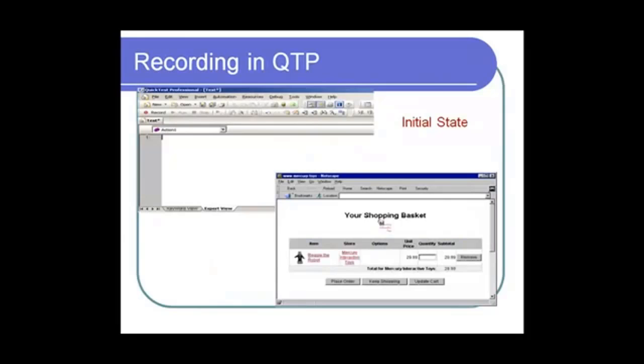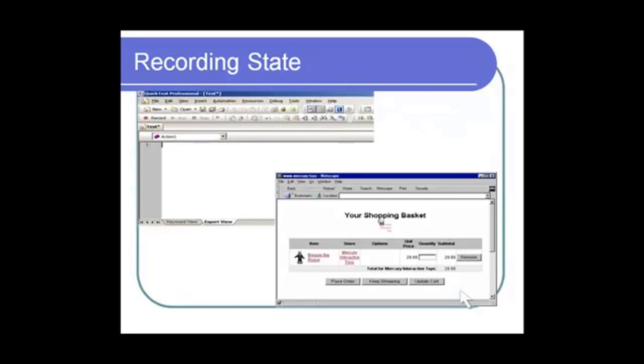The task at hand is to enter a quantity of 1 in the shopping cart of a web retailer and click the button Place Order to complete the order process. In the background you see the QTP window. In the foreground is the Mercury Tours web retailer. We assume that QTP is in recording mode.